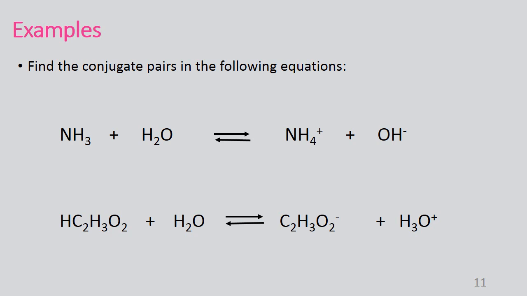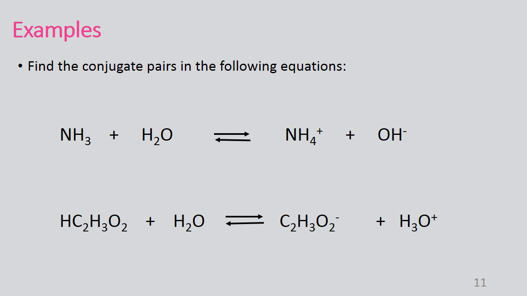So we can see that NH3 has been changed to NH4+. NH3 is the base and NH4+ is the conjugate acid because we've added an H+. And then if we look at H2O and we look on the right hand side, we see that it has become OH negative. So NH3 and NH4+ are conjugates of each other. H2O and OH negative are conjugates of each other.